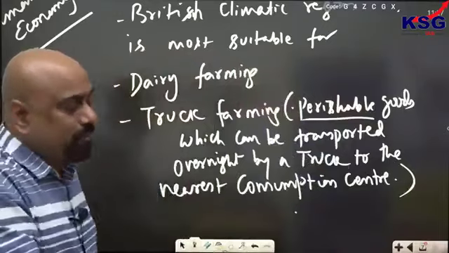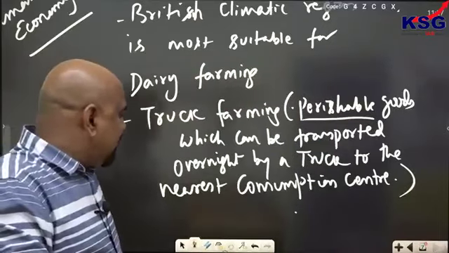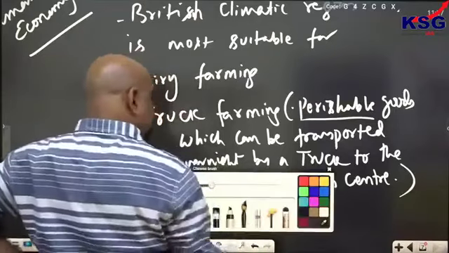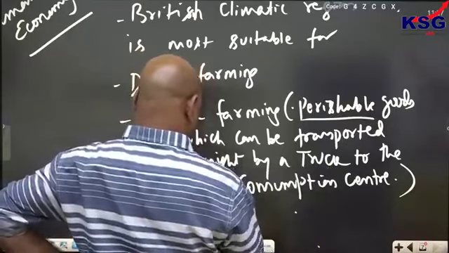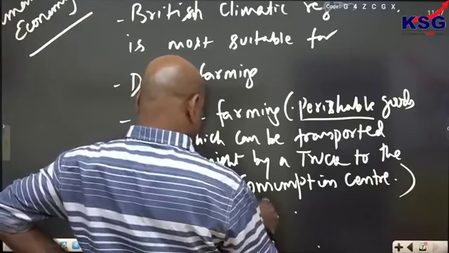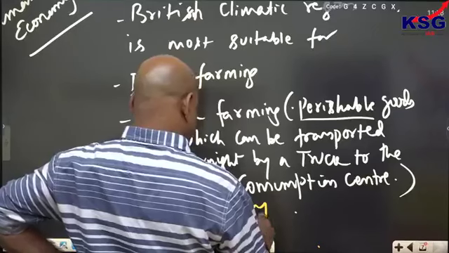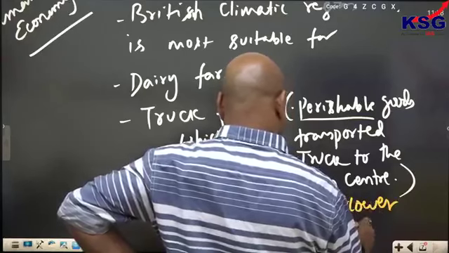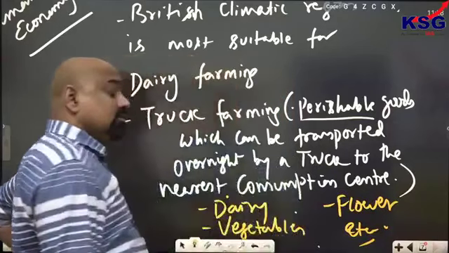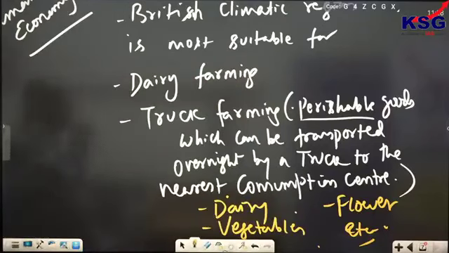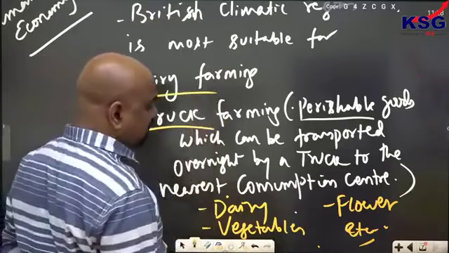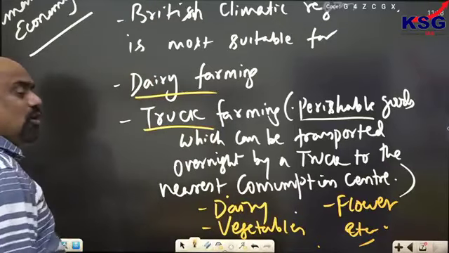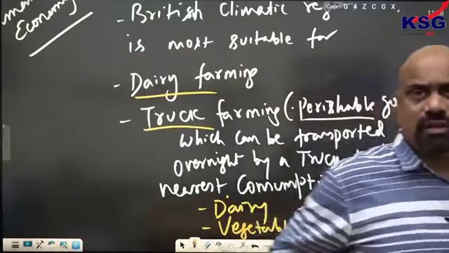Overnight, you can transport to the nearest consumption center in the city. Examples of this truck farming we can give: dairy products, vegetables, flowers, etc. These are things which can be transported overnight to the nearest area. Truck farming, dairy farming, floriculture, honeybee cultivation, which is called apiculture.